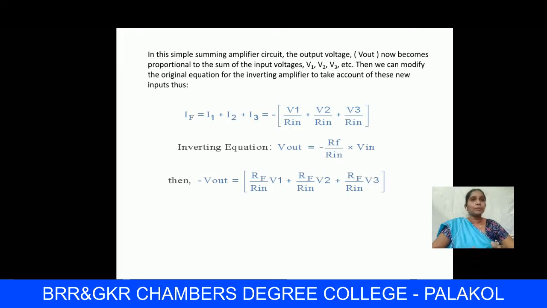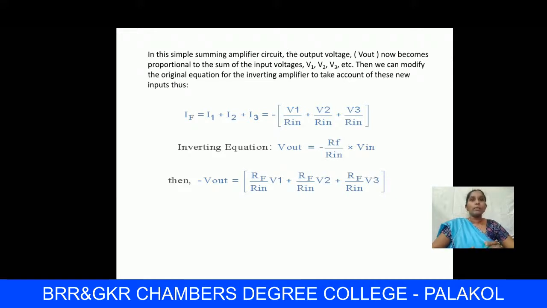That means resistor 1, resistor 2 and resistor 3 are all connected to the inverting terminal. In this simple summing amplifier circuit, the output voltage V out now becomes proportional to the sum of the input voltages. Those input voltages are V1, V2, V3 and so on.